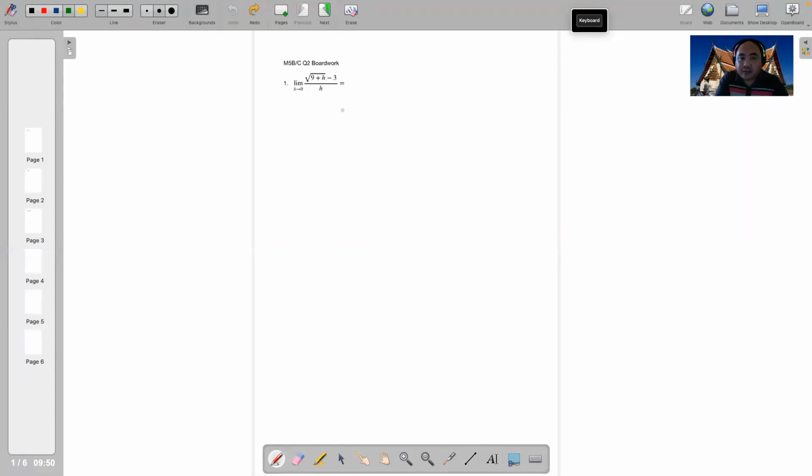You will see here that if we do substitution, this should give you the square root of 9 plus 0, minus 3, over 0. The square root of 9 plus 0 is 3, minus 3 gives you 0 over 0.